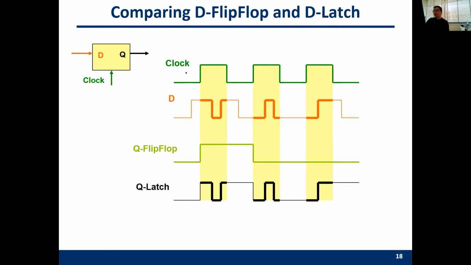So this figure summarizes more about the difference between the D latch and the D flip-flop. This is the flip-flop. This is the latch when the clock is high. The D latch is sensitive to the clock level. When it's high, it just changes with the input here. But the D flip-flop is only sensitive to the rising edge.